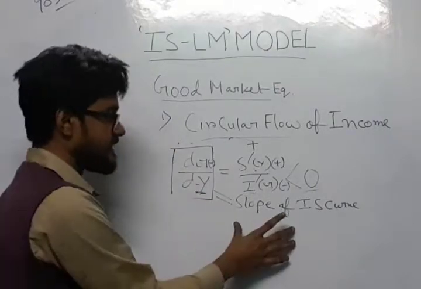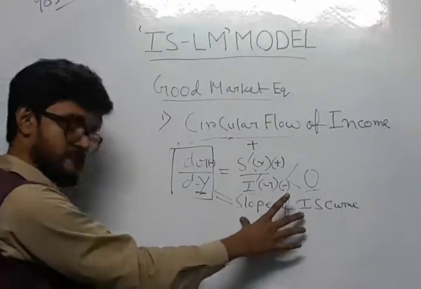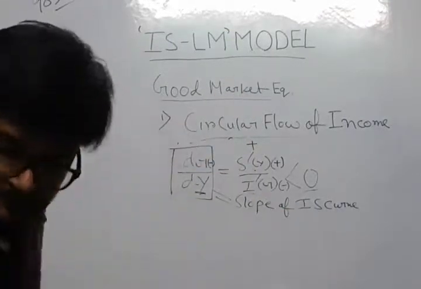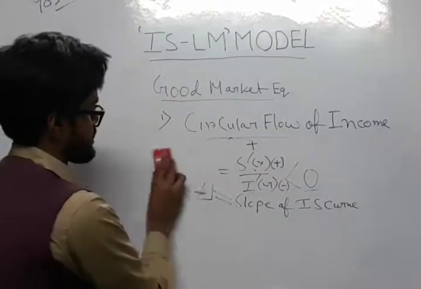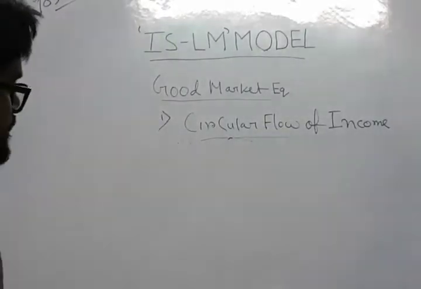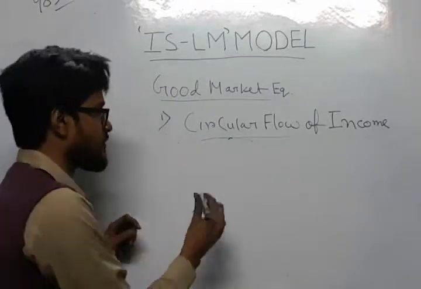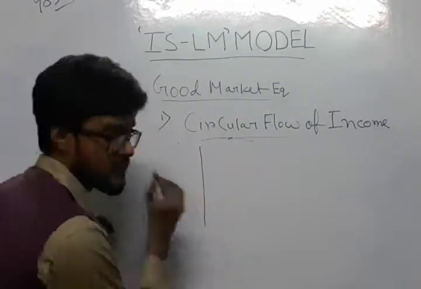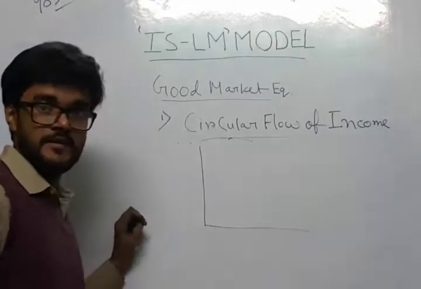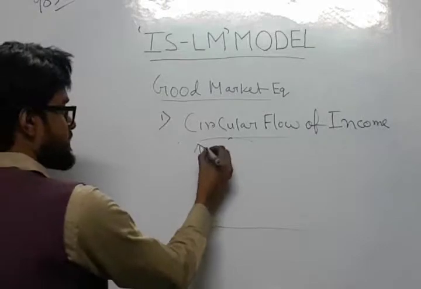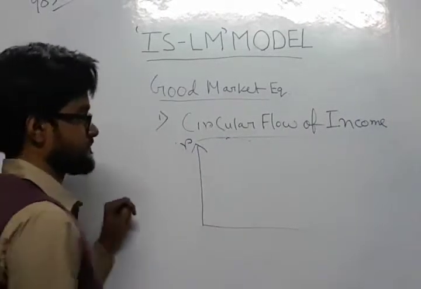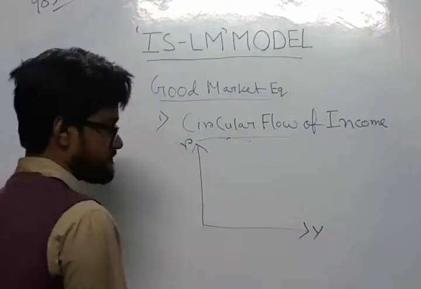Now we'll incorporate our finding into a diagram. Let's say on the vertical axis we take interest rate, and here we take income.